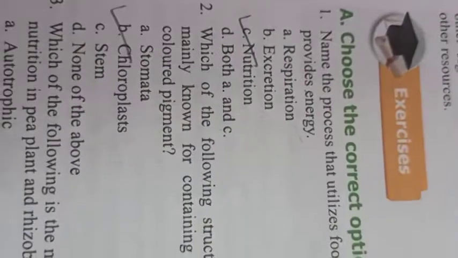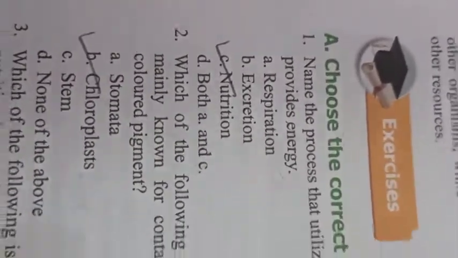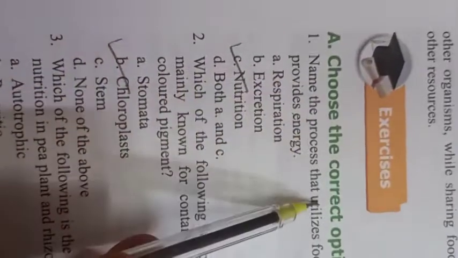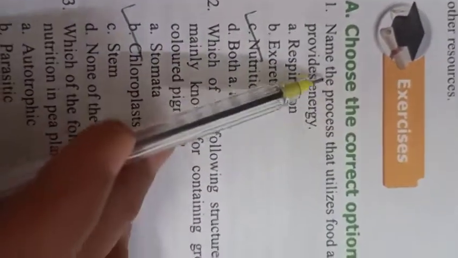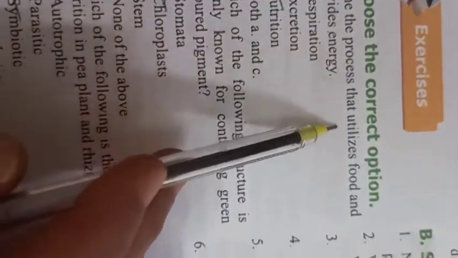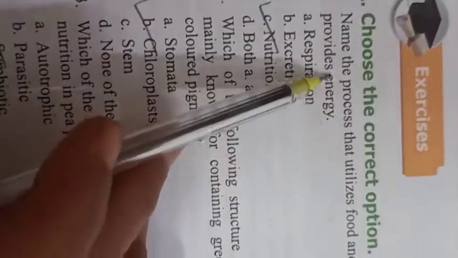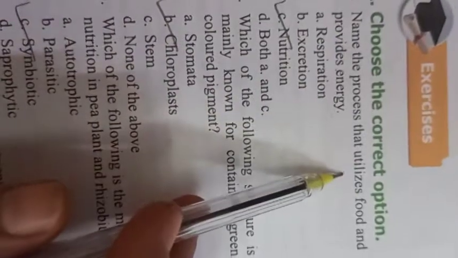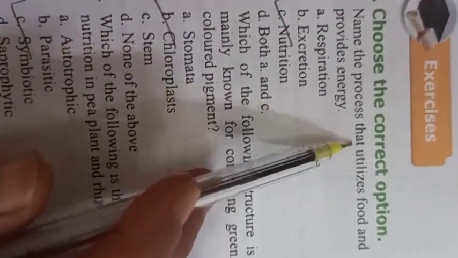So this is all about the match the columns. So children, after the chapter also, they have given one exercise in the form of choose the correct answers. So name the process that utilizes food and provides energy. So which process utilizes food and provides energy?